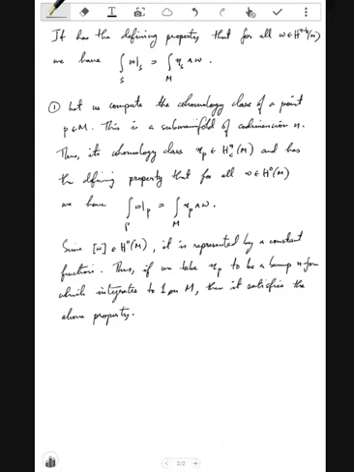Thus we may take eta_P to be any such form.